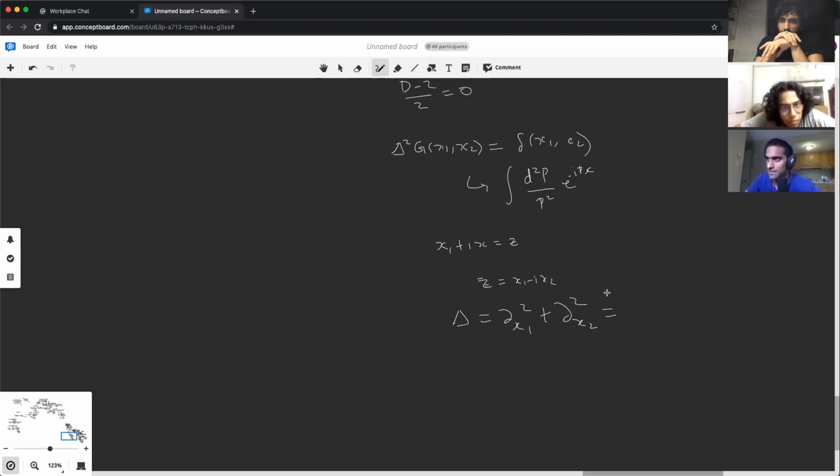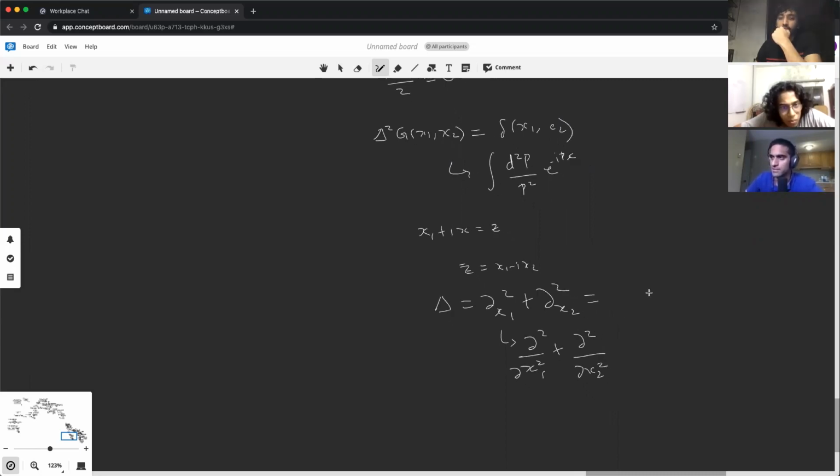This is my notation for the Laplacian, del x1 squared plus del x2 squared.